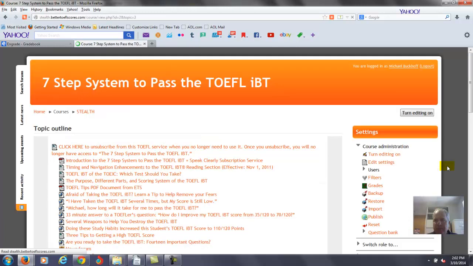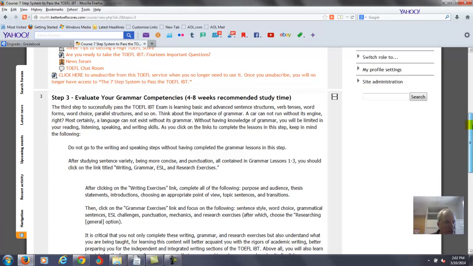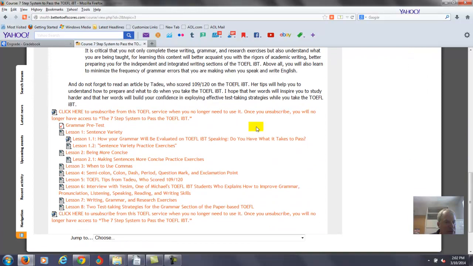You also need to review lesson number 2, being more concise. Make sure you complete the lesson 2.1 where it says making sentences more concise. Also, you can go through lesson number 3, lesson 4, and these will cover punctuation marks. You had quite a few problems with that also. So those are some specific things that you can do at my website.